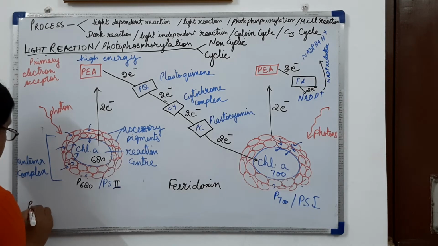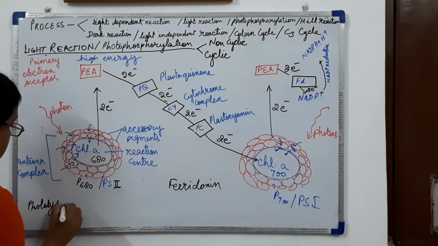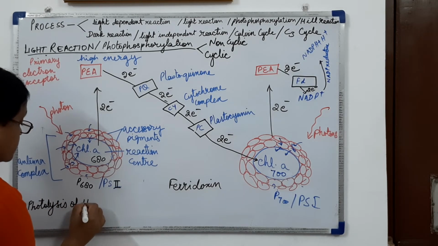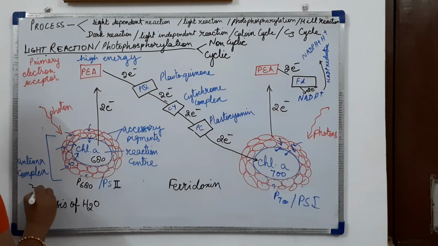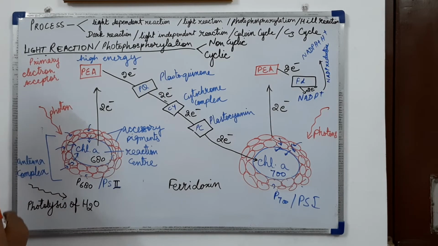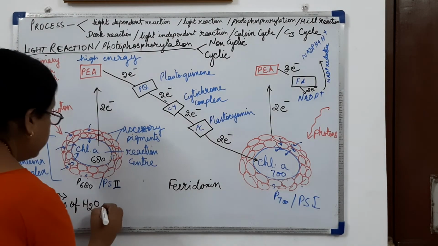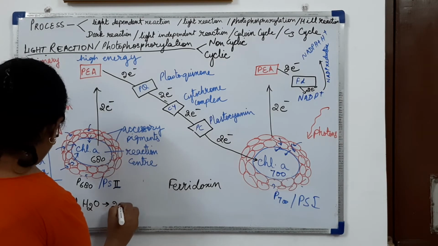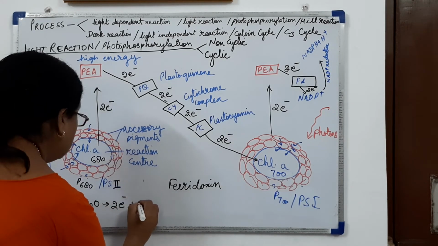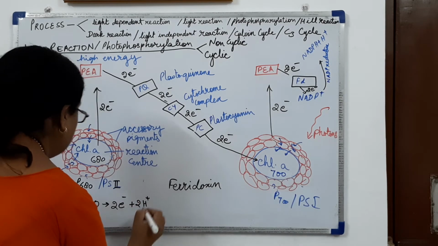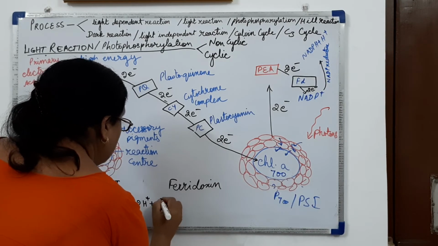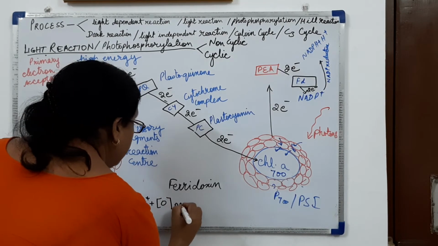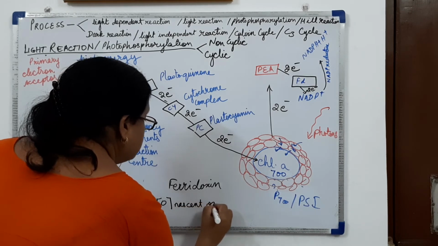So it is replaced by photolysis of water. What happens? The light energy falls on the water molecule and it gets split into two electrons, two hydrogen ions and one oxygen atom, that is nascent oxygen.